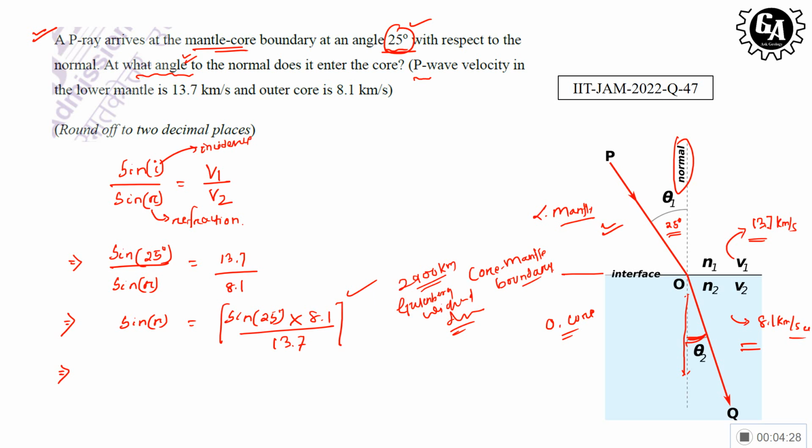This is equal to 0.24986. Then R is equal to sine inverse 0.24986, and this value we get to be 14.46 degrees. This R is your angle of refraction, and this is your answer.